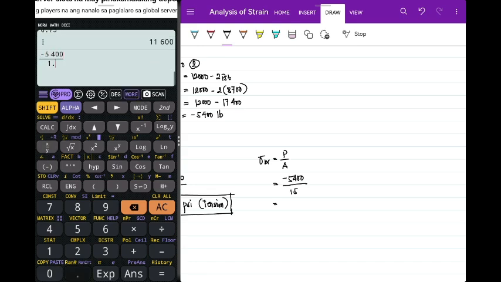That's negative 3,600 psi. And of course, we can always rewrite that by accounting for the true direction, which is 3,600 psi compression.